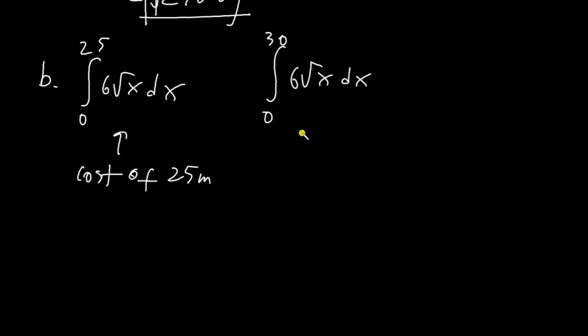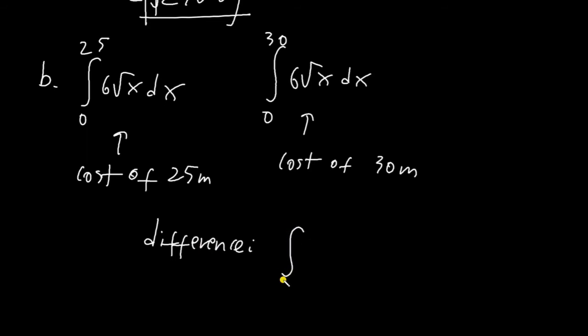I'll label that the cost of 30 meters. Now the difference between these two is just that this is 25 and this is 30, so the difference is the gap from 25 to 30. The difference is going to be the integral from 25 to 30 of 6√x dx.